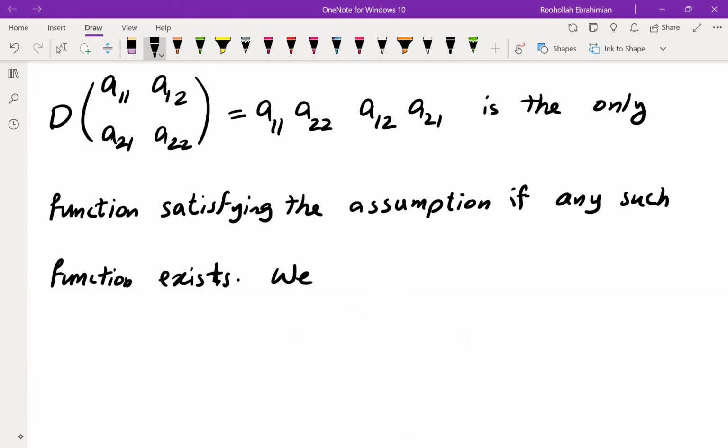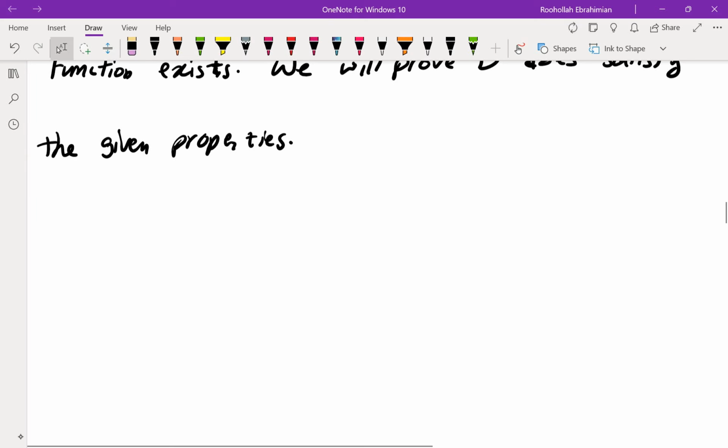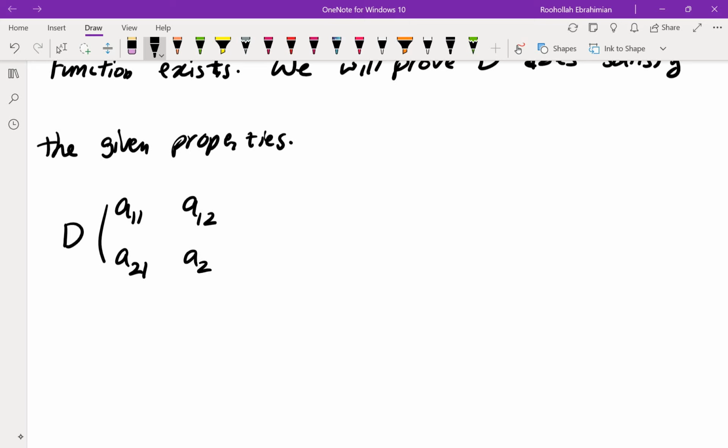So now we will prove d does satisfy the given properties. First, multilinearity. If you look at d of a11, a12, a21, a22, that is given by a11 a22 minus a12 a21.